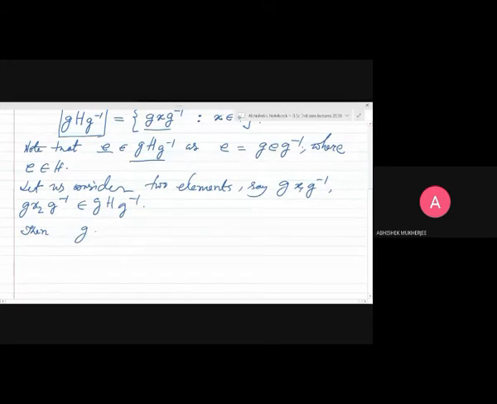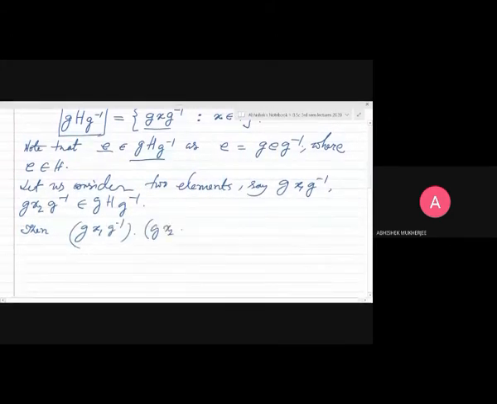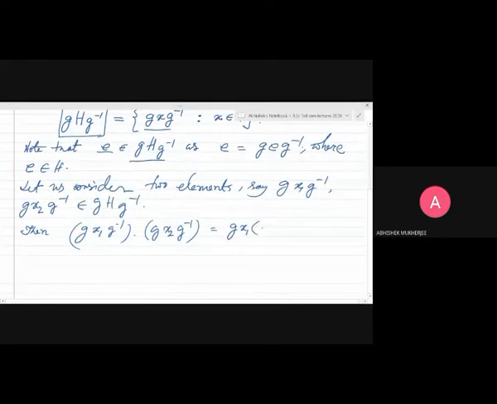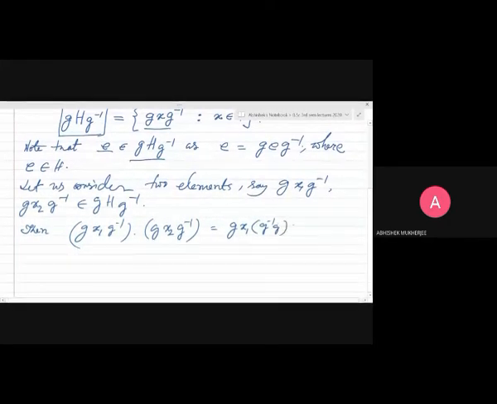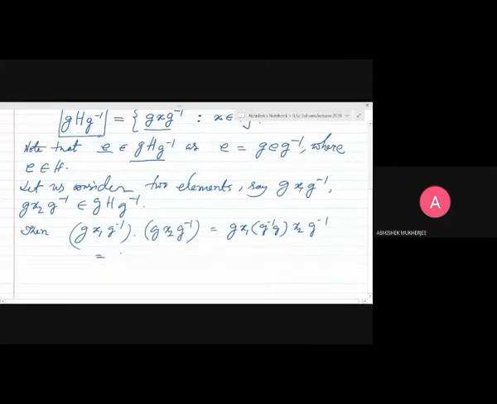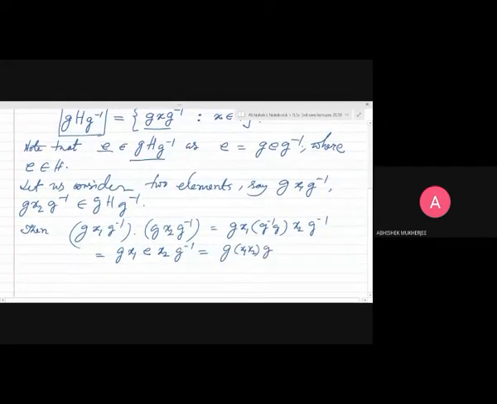Okay. Then first compose these two elements. G x1 G inverse composed with G x2 G inverse. Now using associativity, you can write it as G x1 G inverse G x2 G inverse. Now G inverse G, being the inverse of G, is identity. So G x1 E x2 G inverse, then it is G x1 x2 G inverse.